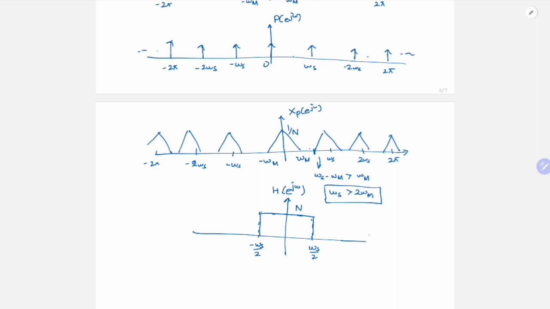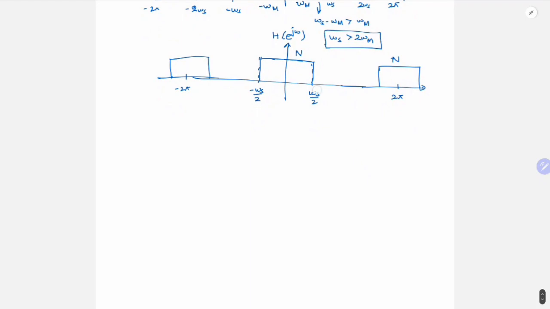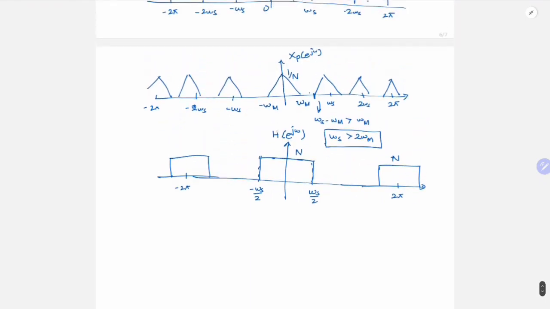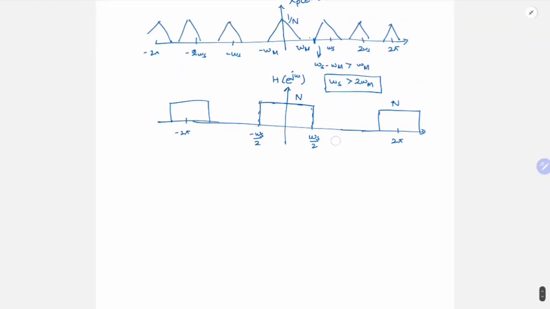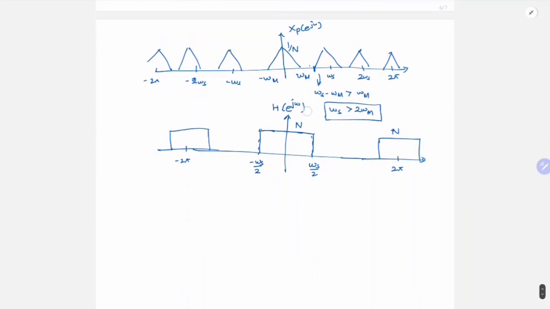And since this is a discrete time filter, it will be periodic with period 2 pi. Something like this. Okay. So now if I pass my Xp of e power j omega through this, then I will get back my X of e power j omega.